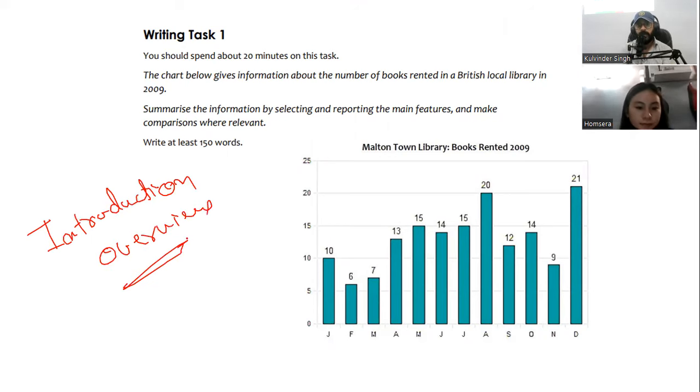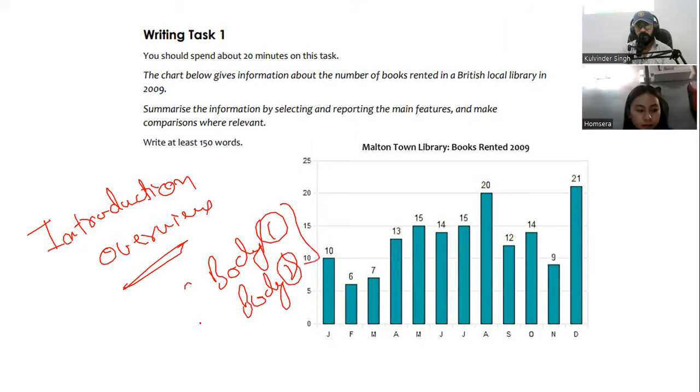Then I'll tell you in detail on Monday what exactly body paragraphs are. Introduction, in a sense, is the paraphrasing you talked about, and the overview is the detail, the most or the least? No, the most, not the detail. The details are given in the body paragraphs. So I'll be waiting for that.